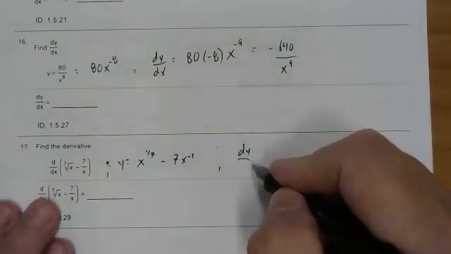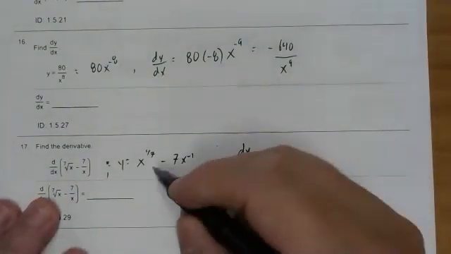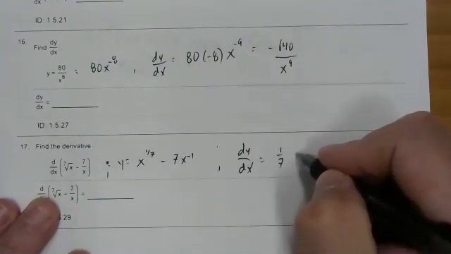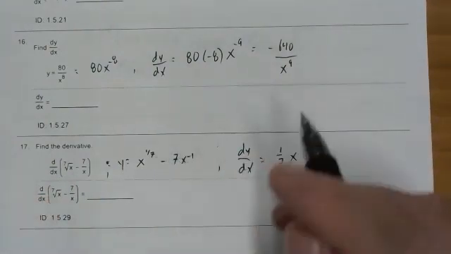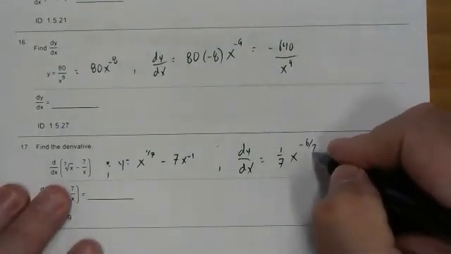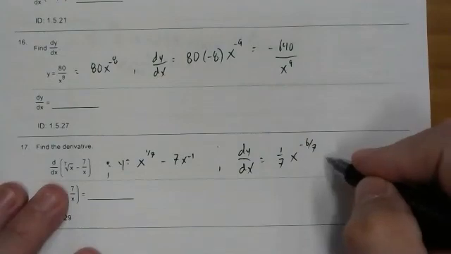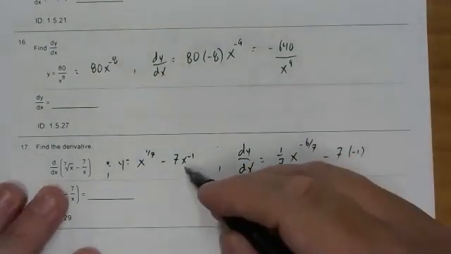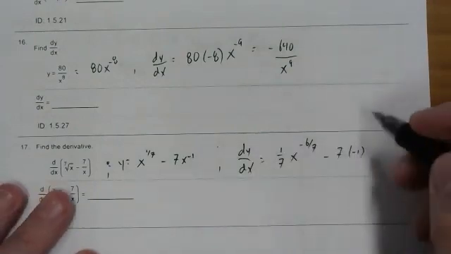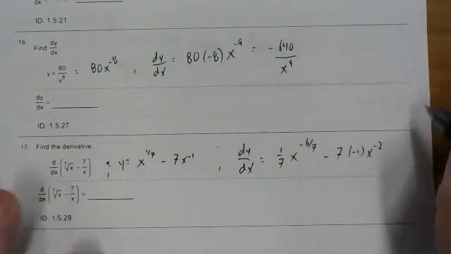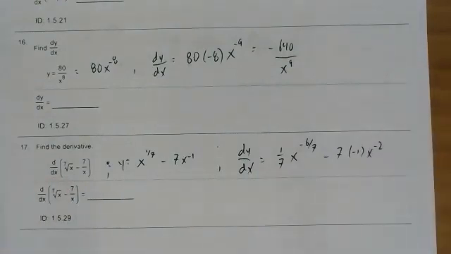So now take the derivative. Here, x to the 1/7, the 1/7 goes in front. When you subtract 1 from 1/7, you get minus 6/7. Minus 7, derivative of x to the minus 1 is x to the minus 1, and we subtract 1, you get x to the minus 2.